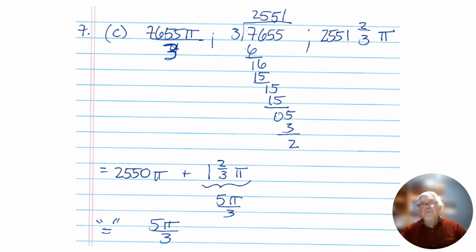So I've split this apart and said 2,550 is an even multiple of pi, and that leaves 1 2/3 pi. So this angle, 7,655 pi over 3, is coterminal with the meek, mild-mannered 5 pi over 3. It's not equal to, I've not put equal there.